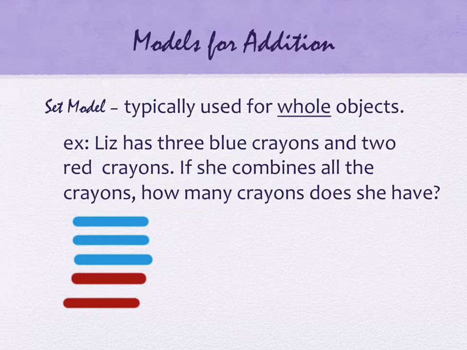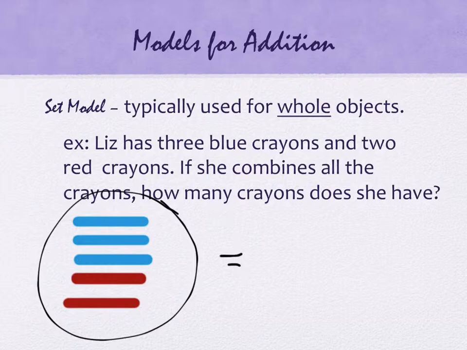You wouldn't even draw this if you were working with kids. You'd actually have crayons sitting there, and they would move them over and count them one by one. When they count the total, they end up with 5. So this is 3 plus 2 equals 5 crayons. And these objects are whole objects. Okay?